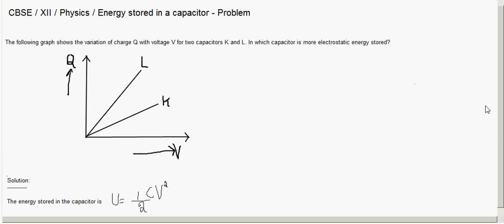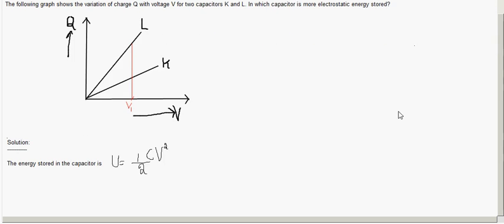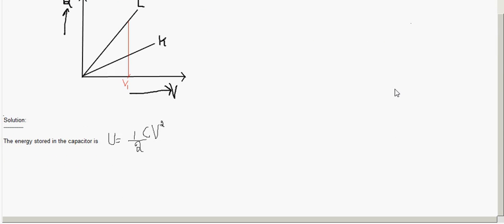Now in the graph, if you take constant V, any value of V, say V1, for any value of V, the energy stored will be proportional to C.